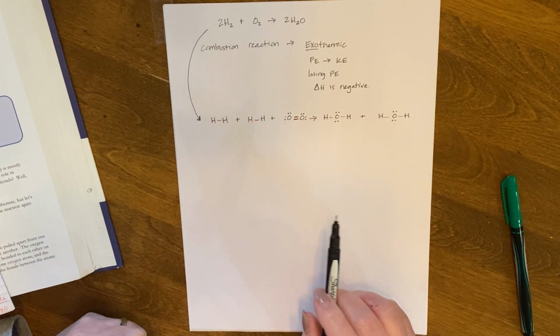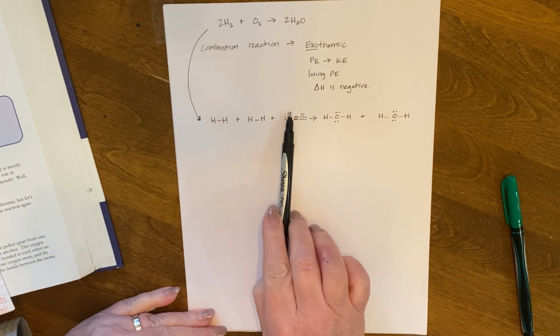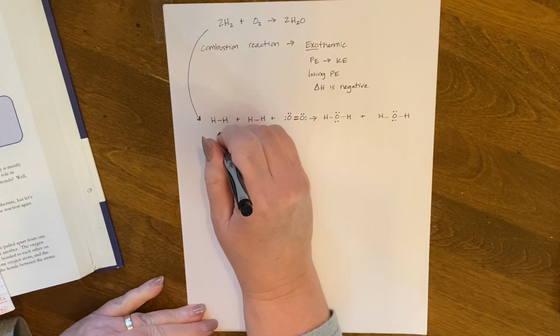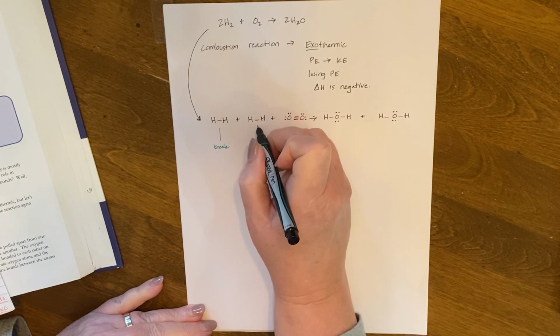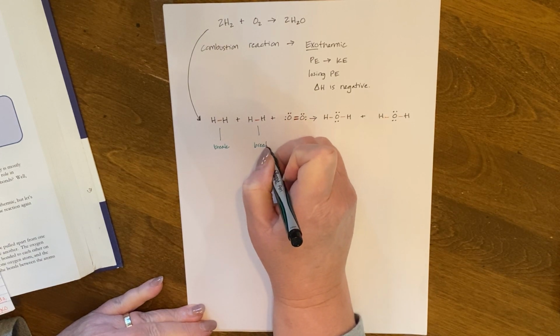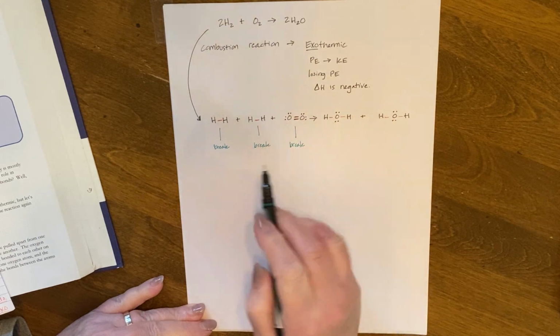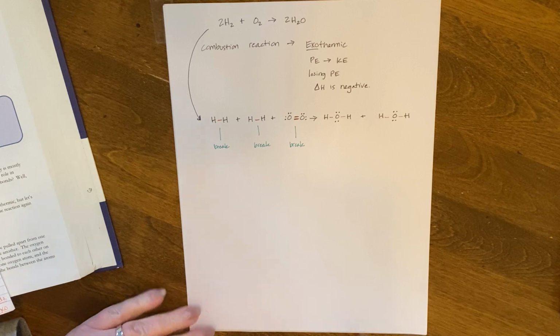Okay, so when we look at what needs to happen to go from here to here, what happens is this bond needs to be broken. This bond needs to be broken. This bond needs to be broken. So all these bonds of the reactants need to be broken.